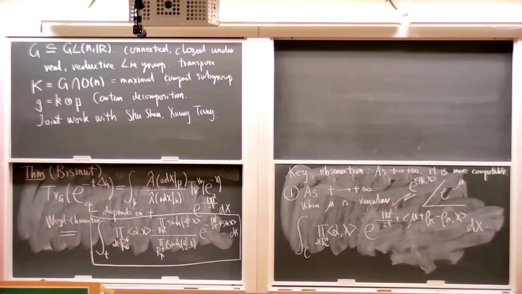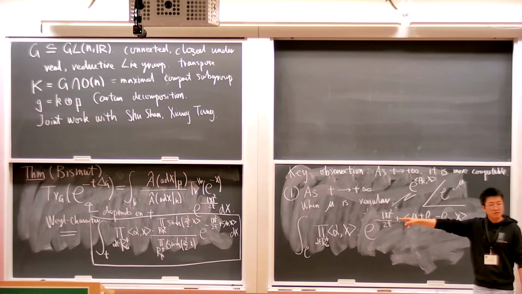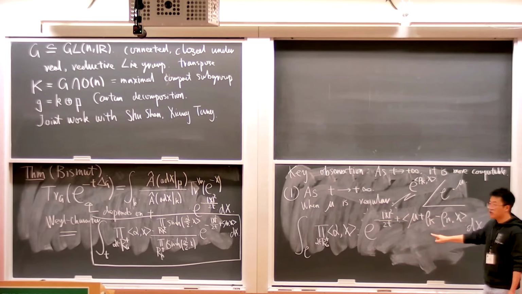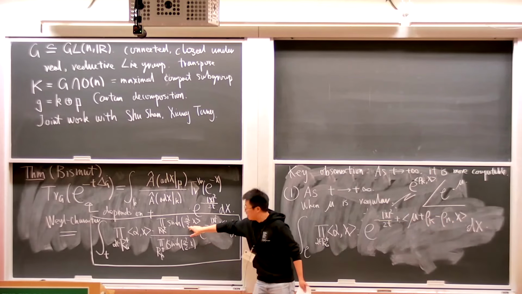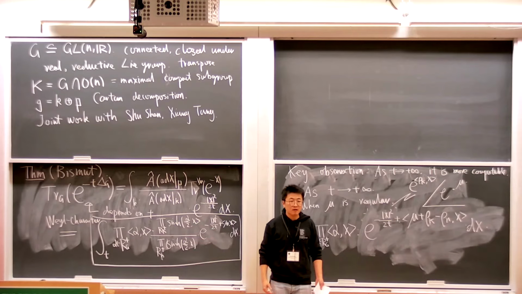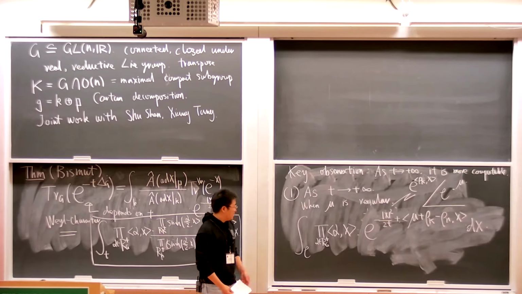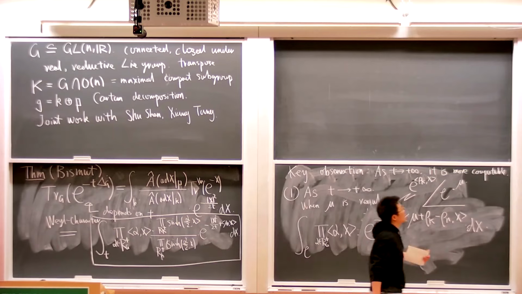What I'm trying to say is that when you restrict yourself to a positive Weyl chamber as t goes to infinity, if you are only interested in the dominant, long-term behavior, then the computation of the Bismuth formula, which is difficult, can be reduced to computing an integration like this one. The reason is that these two terms just come from the simplification of these two terms. Okay, this is good, but this is not over yet.